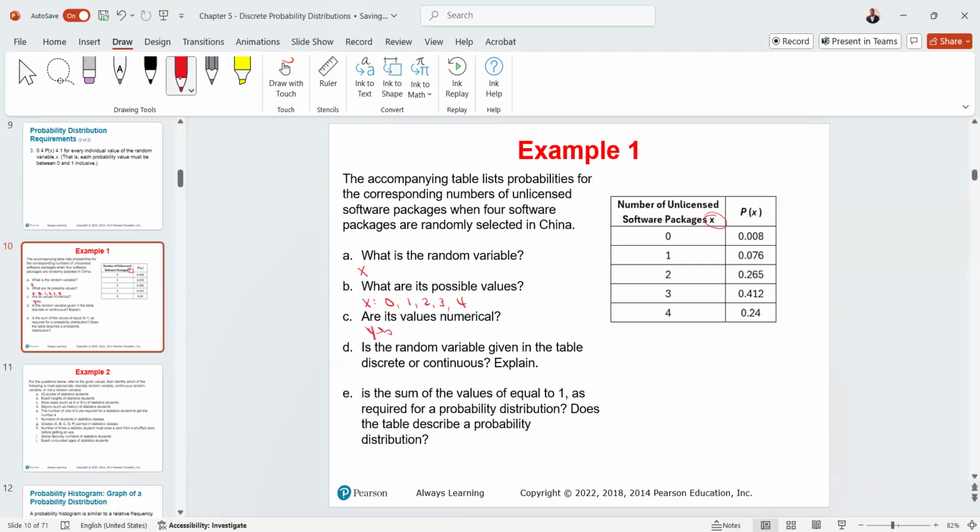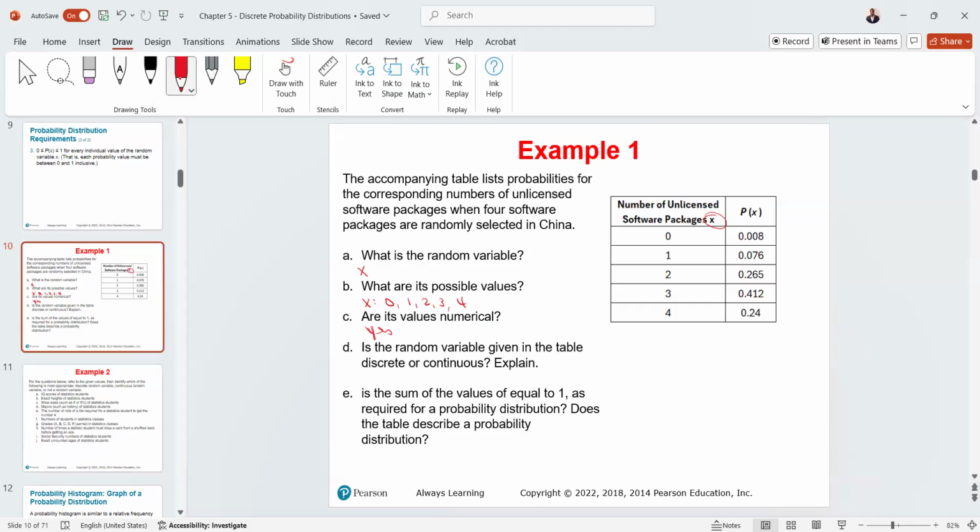Now, is the random variable given discrete or continuous? You need to verify that too. Remember, continuous is uncountable. We have whole numbers like 0, 1, 2, 3, so that must be discrete.